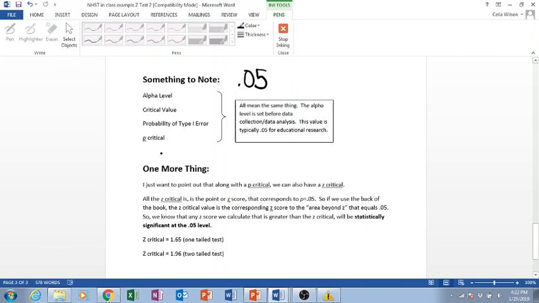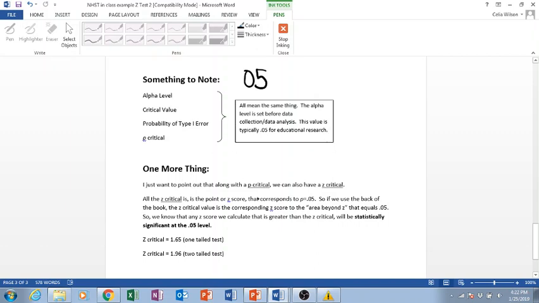Anyway, that 0.05, it's also called alpha level, critical value, probability of type 1 error, p critical, and there may even be some more. But all of this, if you see it written or talked about, it all means the same thing. It all means it's that 0.05 for educational research and actually social science research.